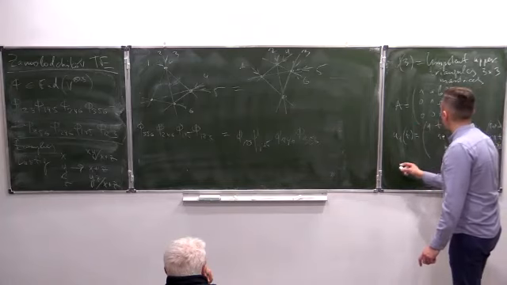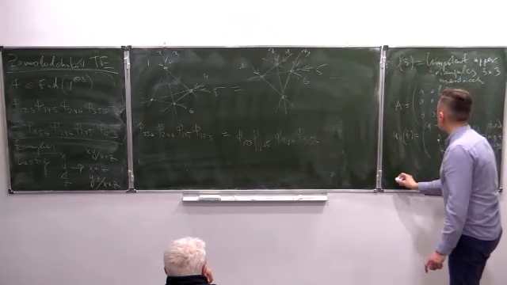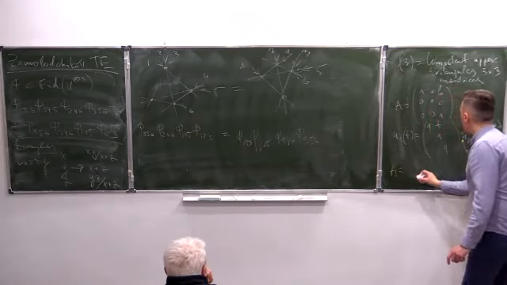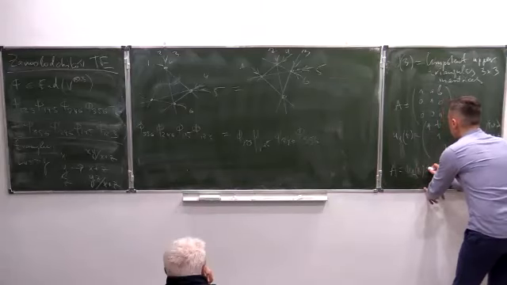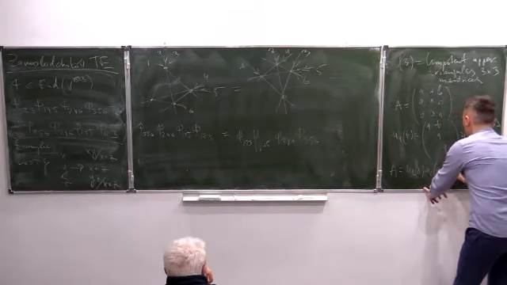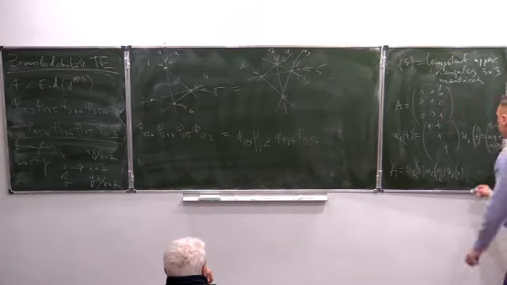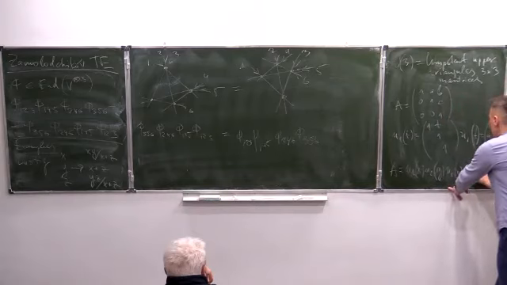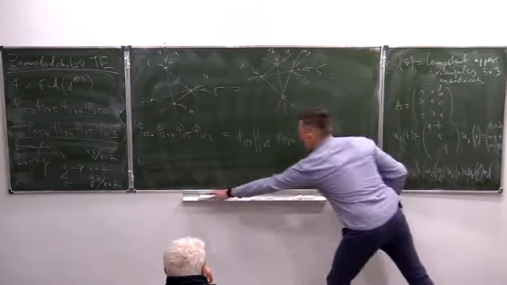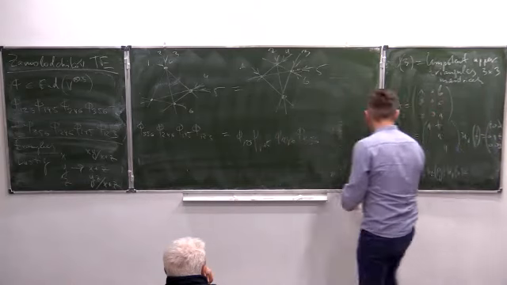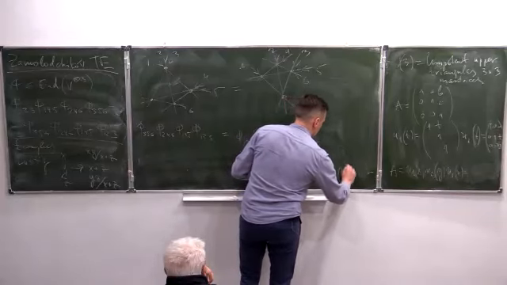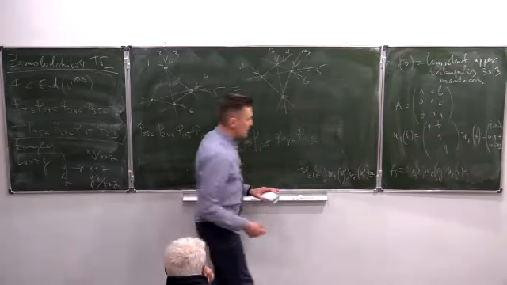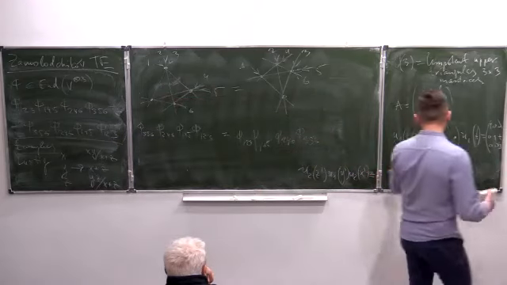Then almost all such matrices can be represented as a product of 3 elements, x, y, z, and this can be represented as a product of such elements in 2 ways.